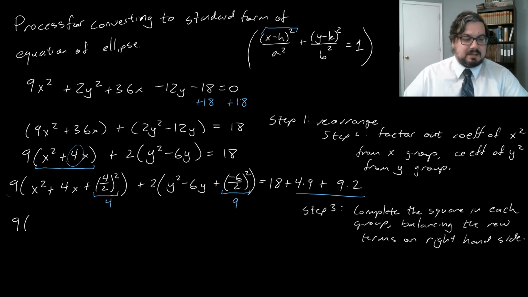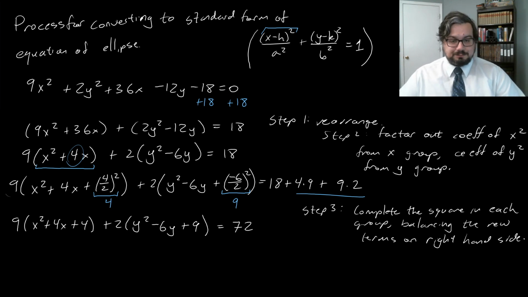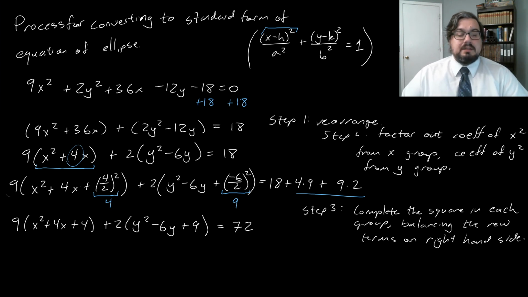We get 9 times x squared plus 4x plus 4 plus 2 times y squared minus 6y plus 9 equals, now 18 plus 4 times 9 is 36, plus 9 times 2 is 18, all works out to be 72. Now, because we completed the square, we can factor each group.